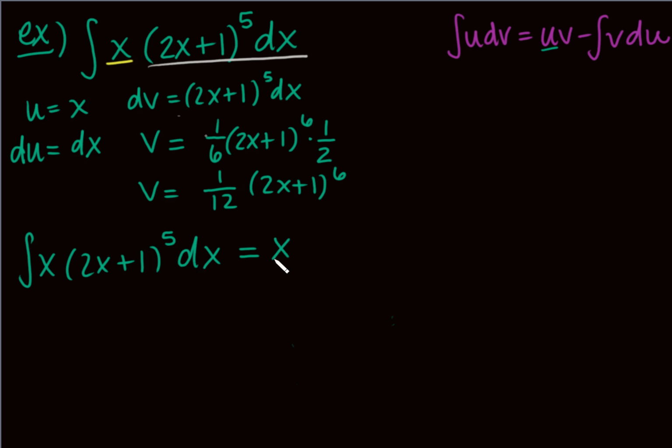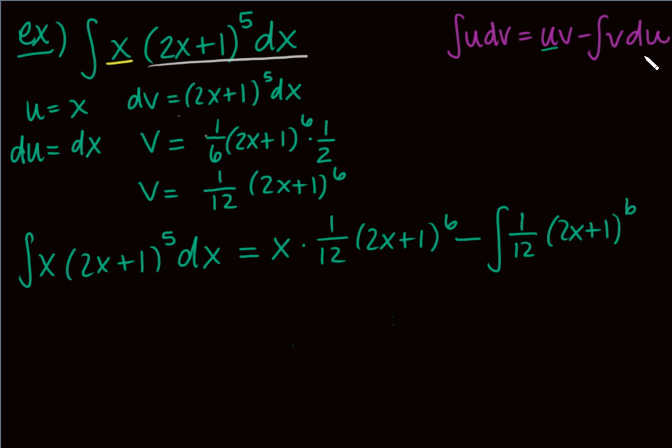It's x. What is v? It's this whole thing right here, 1/12 times 2x plus 1 to the 6th. Minus the integral of v, which again is 1/12 times 2x plus 1 to the 6th, times du. du is just dx. It's not always going to be the case, but it is in this sense.